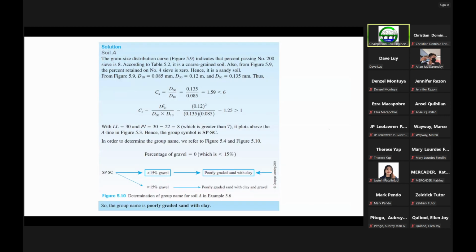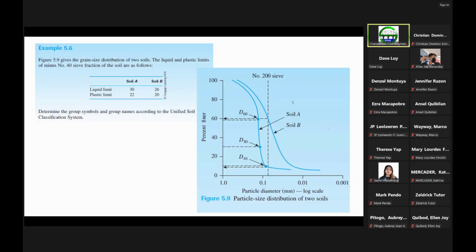So for soil A, we are given the grain size distribution curve, which indicates that the percent passing number 200 is 8. This is the grain size distribution curve for soil A, and this is the curve for soil B. Now, for soil A, this is the number 200 sieve, 0.075 millimeter diameter, that's 75 microns.